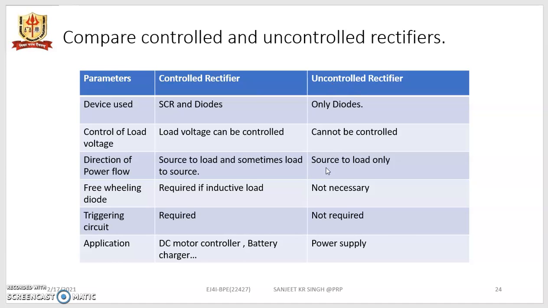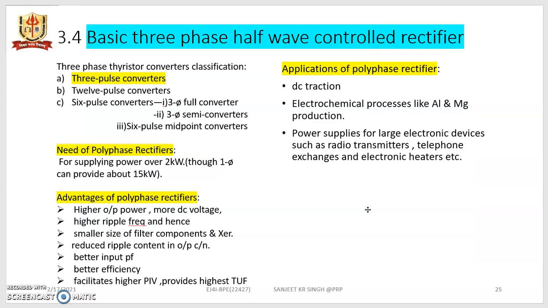In uncontrolled, it is always from source to load. Freewheeling diode and the triggering circuit are required here, and particularly for inductive load we require the freewheeling diode, whereas uncontrolled they don't require it.